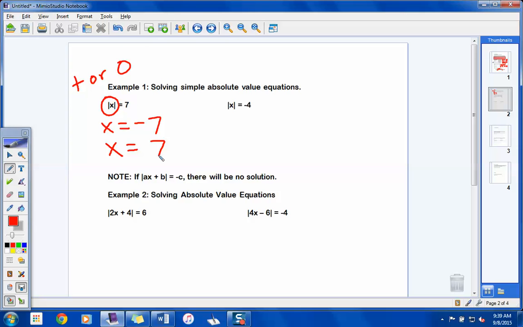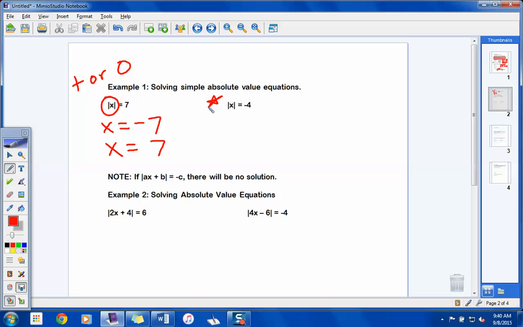How about the next one? The next one's interesting. It says take the absolute value of some number to plug in so that it equals negative 4. Got a thought on that? It's kind of a tricky one. Might want to star this. What did I say about absolute values? They're either going to be positive or what?